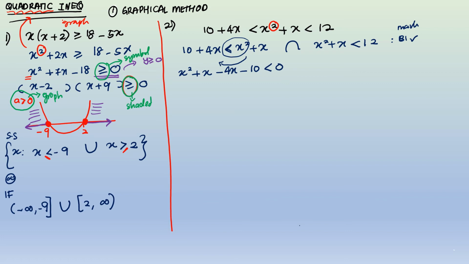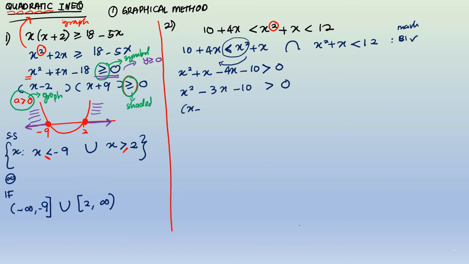When you change the position, we know from the video before that our inequality symbol will also change. Actually it is maintaining the same; just because we swap the position of x, the symbol also changes. So if we simplify, it will be x squared minus 3x minus 10 greater than 0.